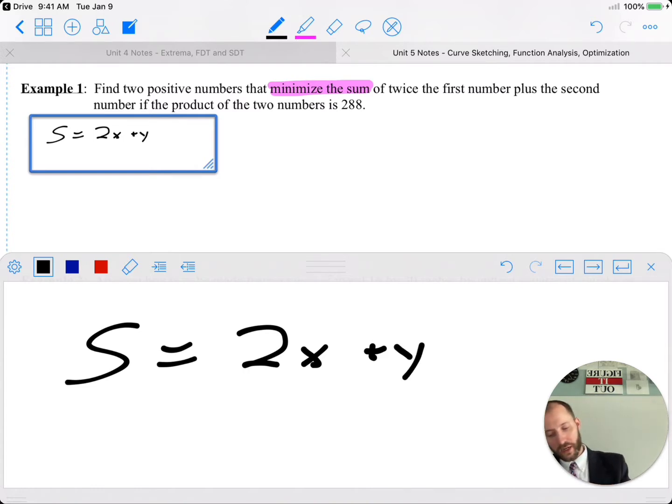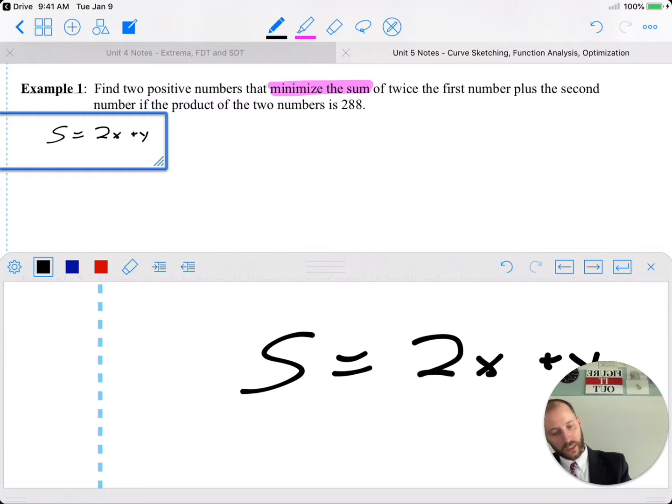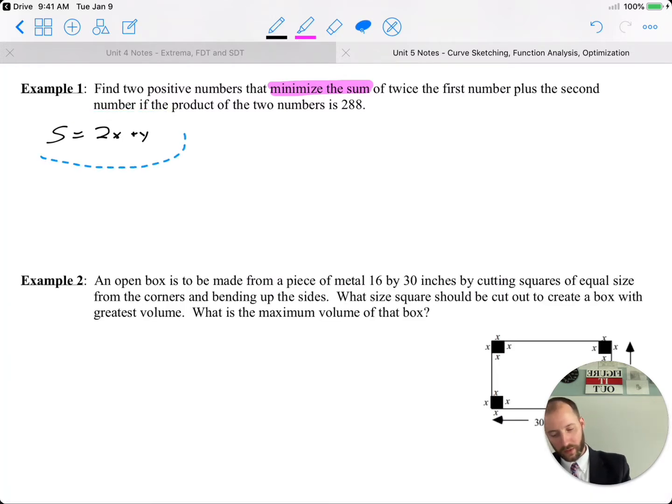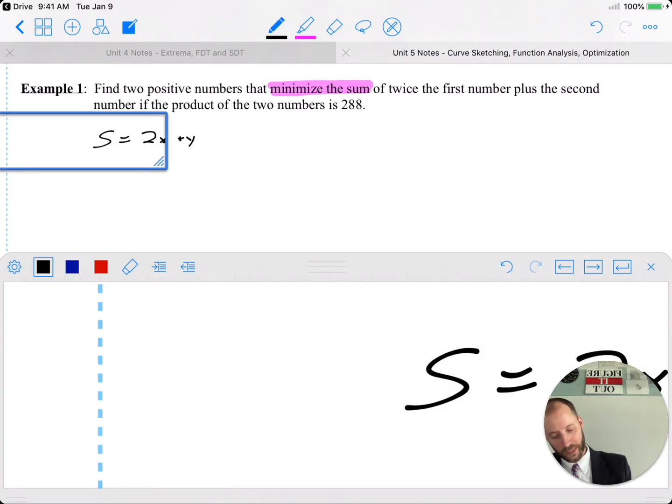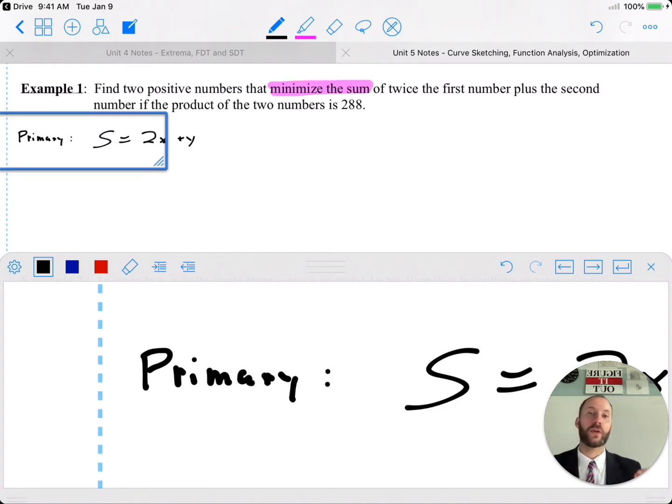That will be our primary, because that is what we're finding the minimum of. We're going to optimize that equation, so we're going to find dS.